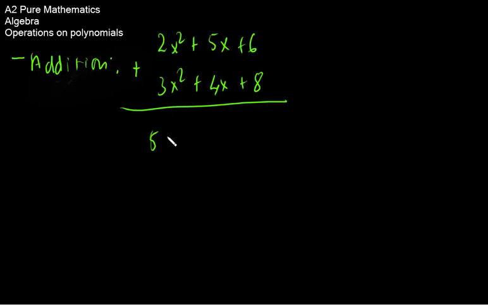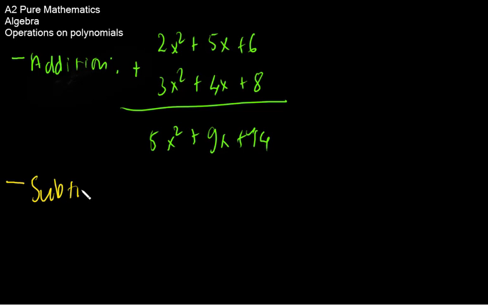So here is 5x squared, here 9x, here 14. So simply do 3 calculations, each for the coefficient of each term. So that's addition.